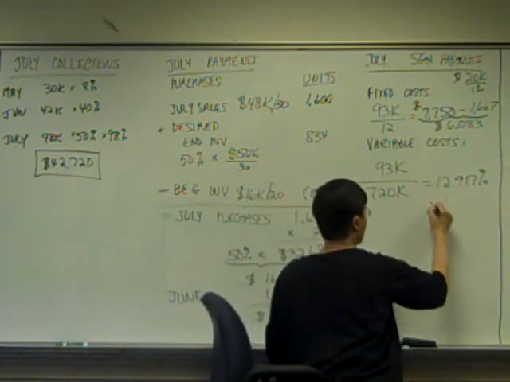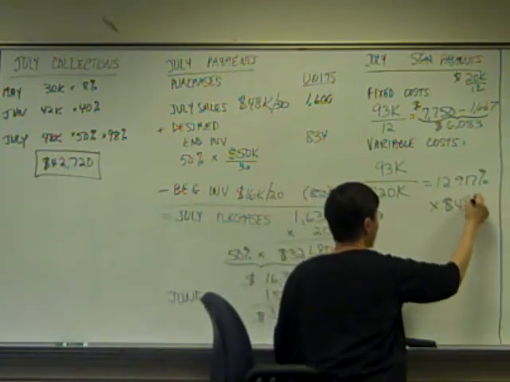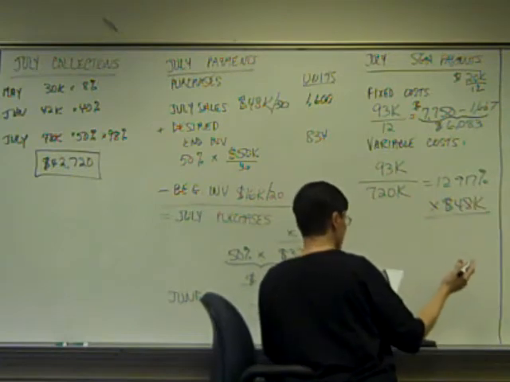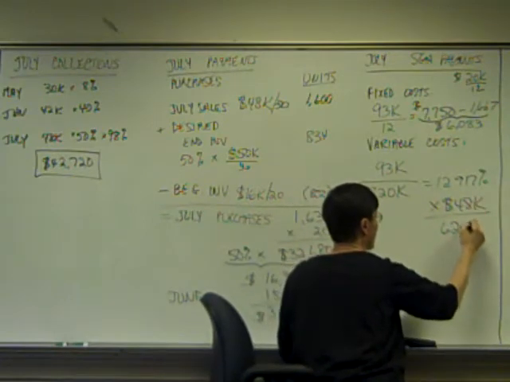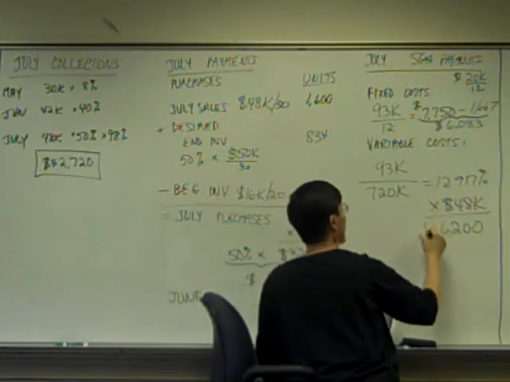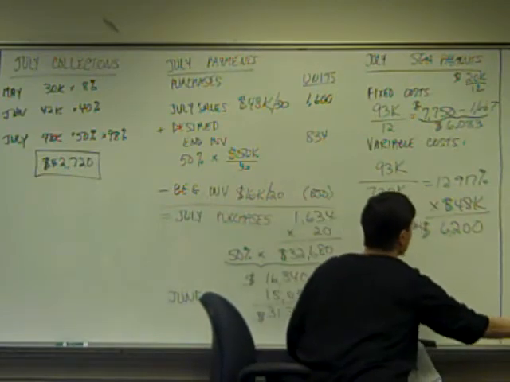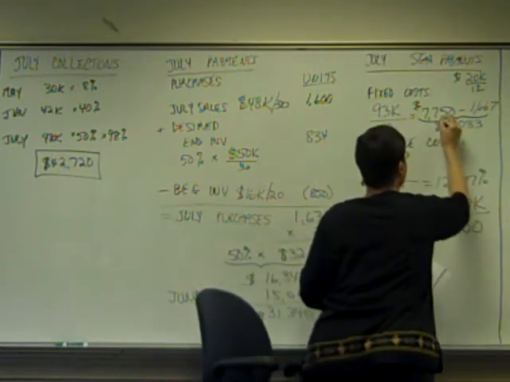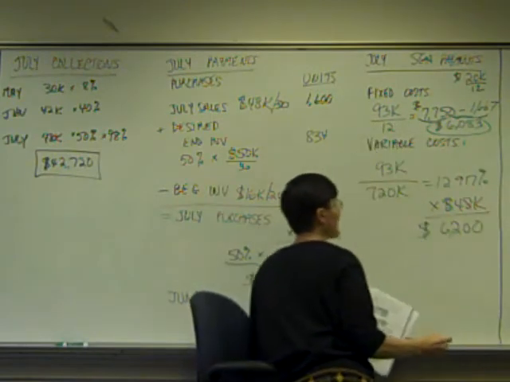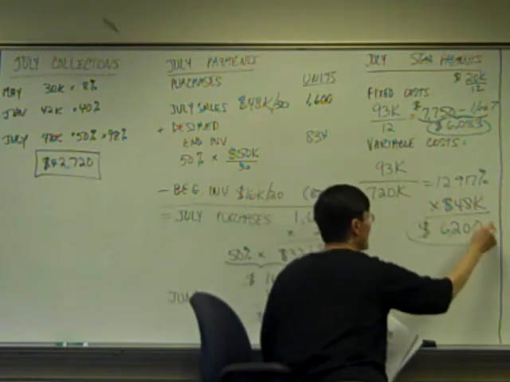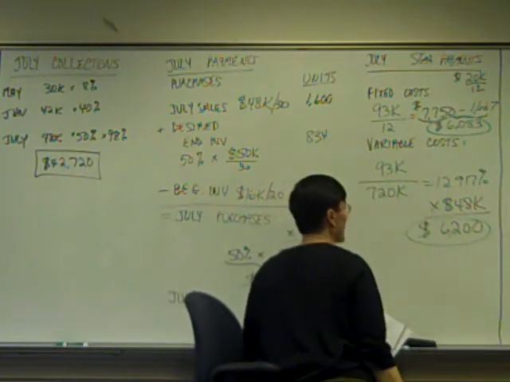How much do we have in sales for July? 48,000. So almost 13% of that was variable cost. So for SG&A, we're going to be paying $6,083 in fixed costs, $6,200 in variable costs.